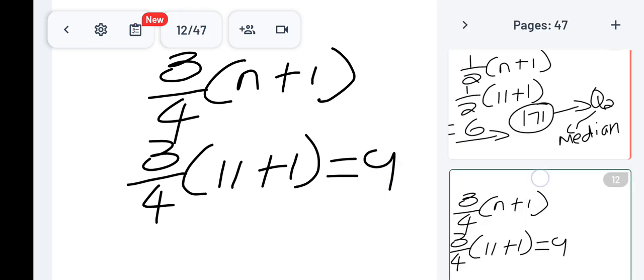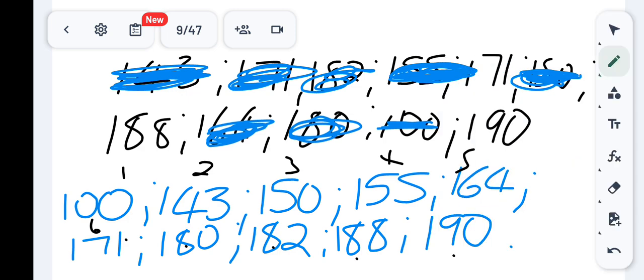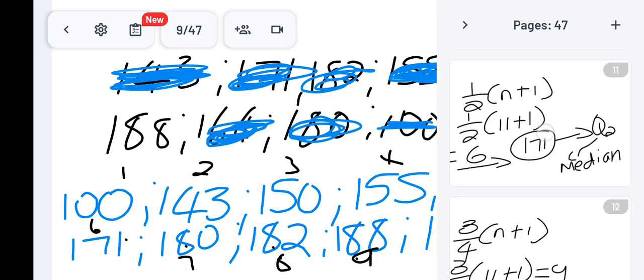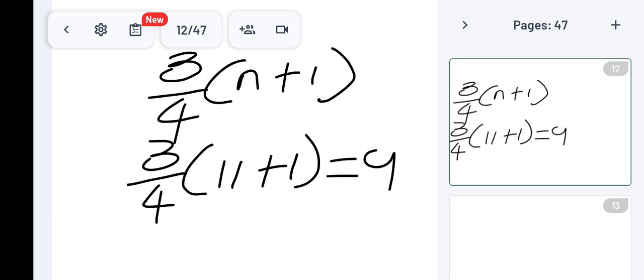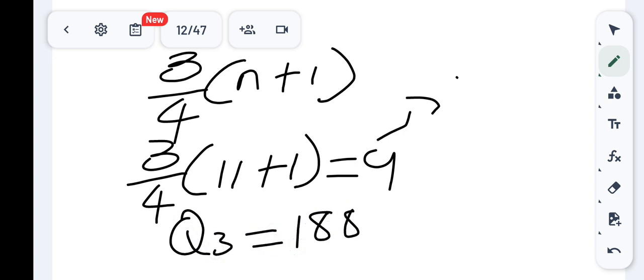At position number 9 we have our upper quartile: 6, 7, 8, 9. So our upper quartile, Q3, is equal to 188. That's good.